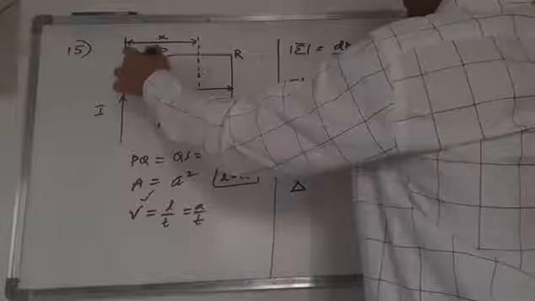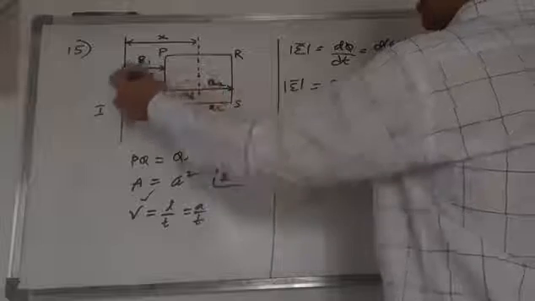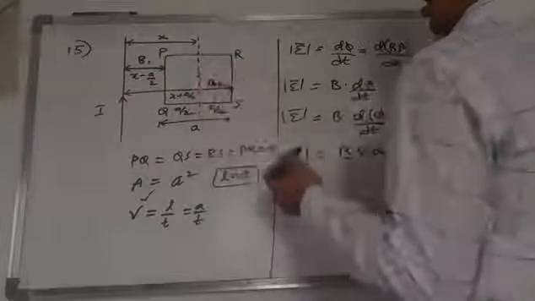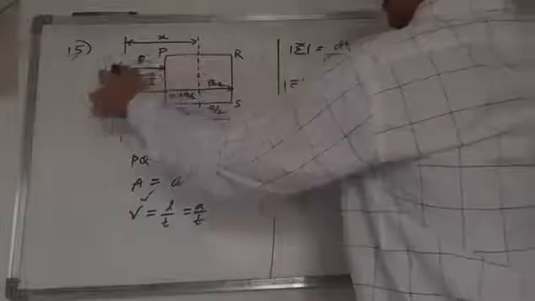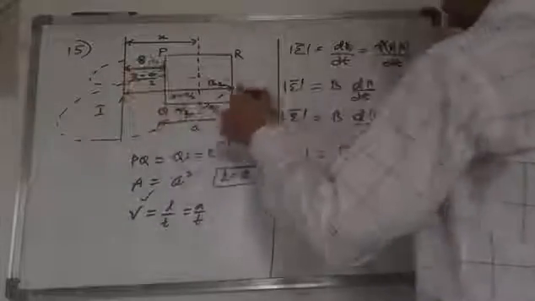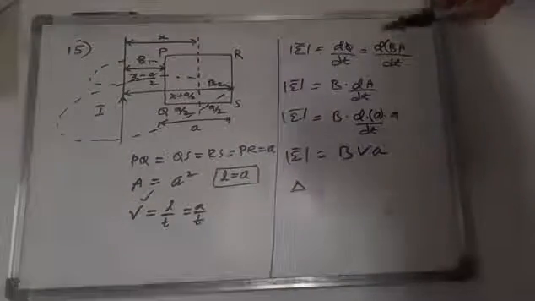This one you take as B1, this one you take as B2: magnetic field induction on PQ and magnetic field induction on RS. So here one circle will be formed, and here another circle will be formed, according to the Biot-Savart law, isn't it? Just before we have seen the Biot-Savart law, right? This will be the radius for that Biot-Savart law.